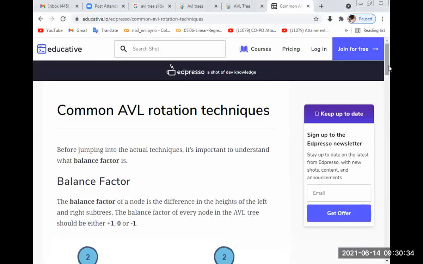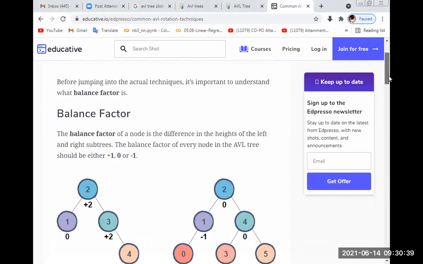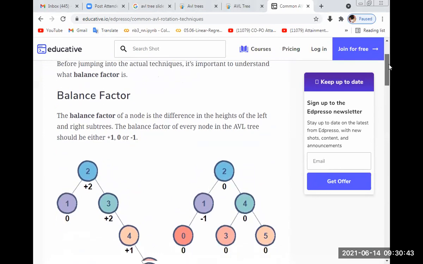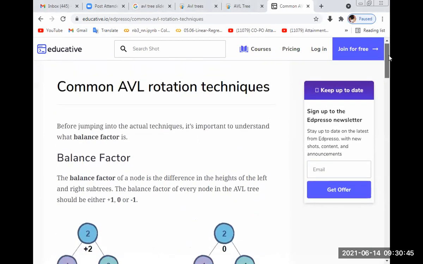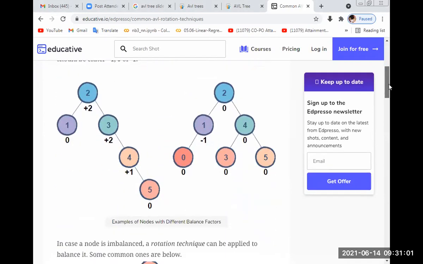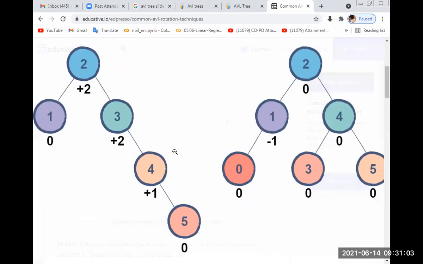So the next topic is rotations in AVL trees. While constructing the tree, first you have to check whether the tree is balanced or not. The balancing factors are -1, 0, or 1.